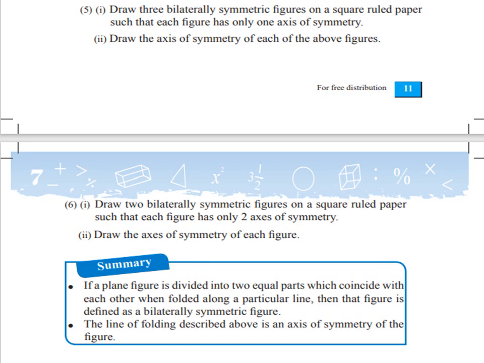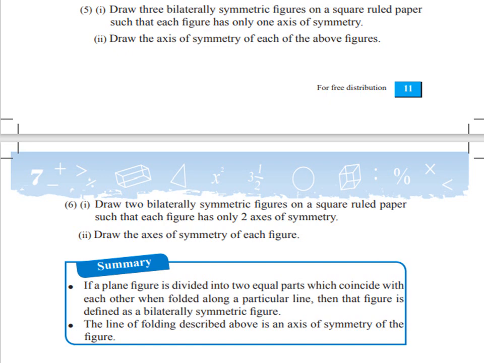And you can take a picture of a butterfly, and you can take a picture of a dog. So they have only one axis of symmetry. So you can mark the axis of symmetry of them in each of the above figures.